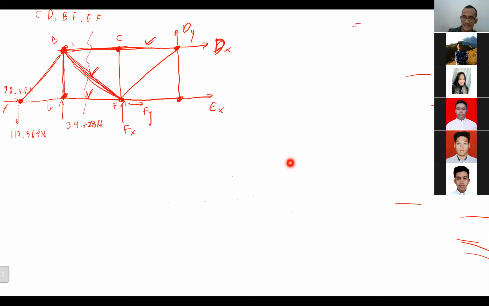Yes, correct. CF is actually a zero force member. What's the effect on the value of BC and CD, Meryl? Will it be the same or not? The same, sir. It will be exactly zero, sir. This one, so it has no effect.